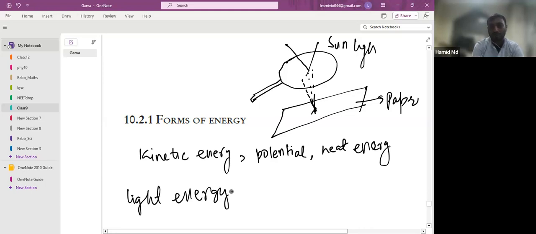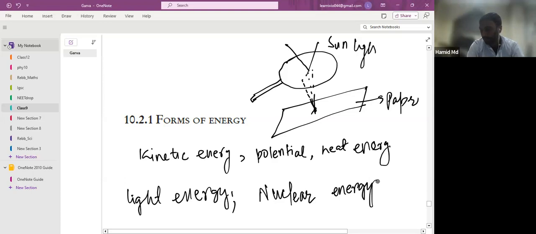Another is nuclear energy. Have you heard about nuclear energy? Riaz, have you heard about nuclear energy? Yes, sir. Nuclear power plant?